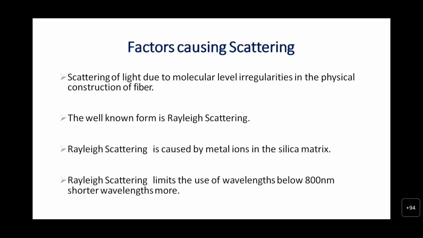The scattering of light is due to molecular level irregularities in the physical construction of the fibers, a well-known form of Rayleigh scattering, and Rayleigh scattering is caused by metal ions in the silica matrix. Rayleigh scattering limits the use of wavelengths below 800 nanometers, the shorter wavelengths.